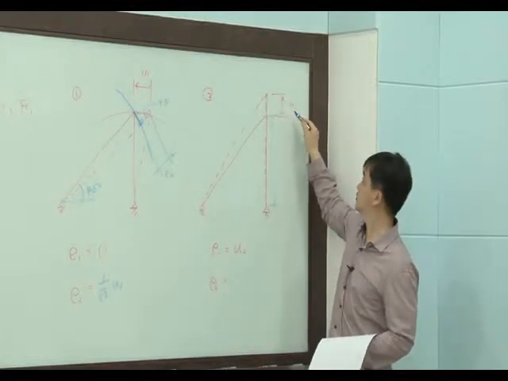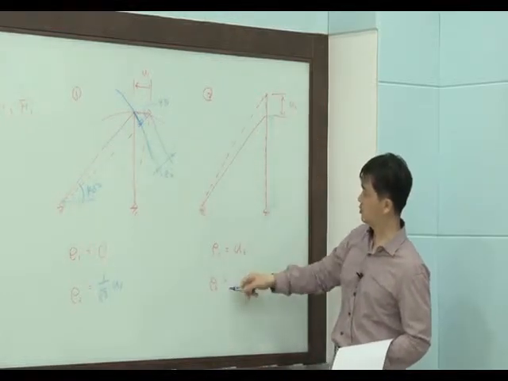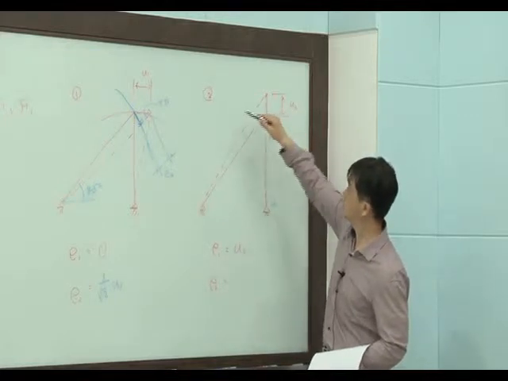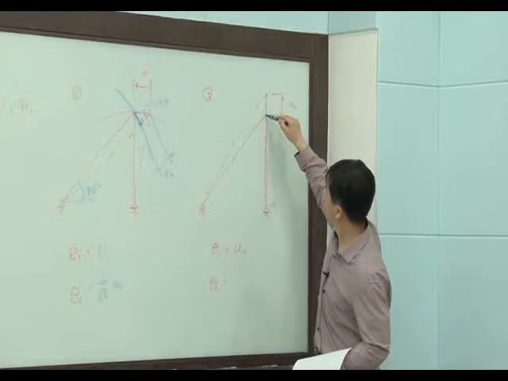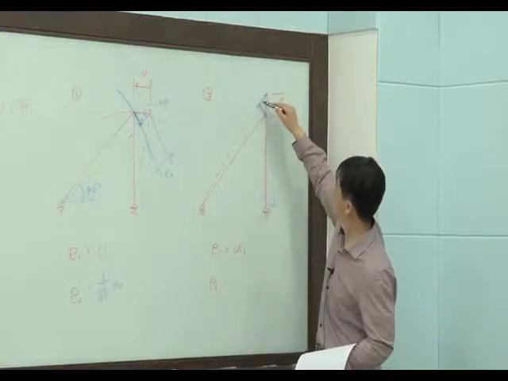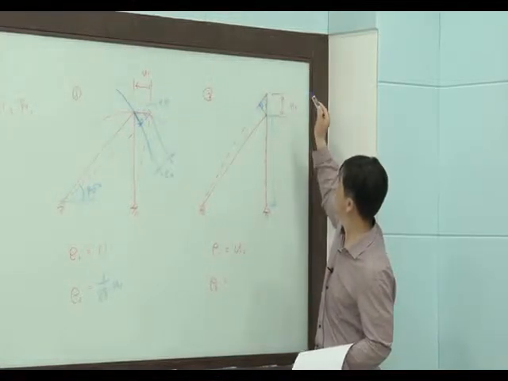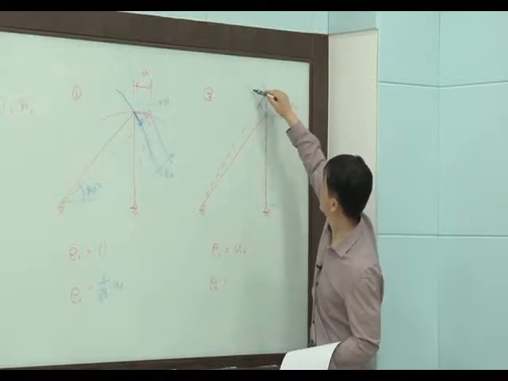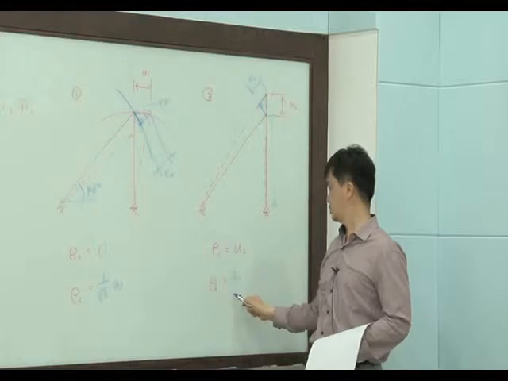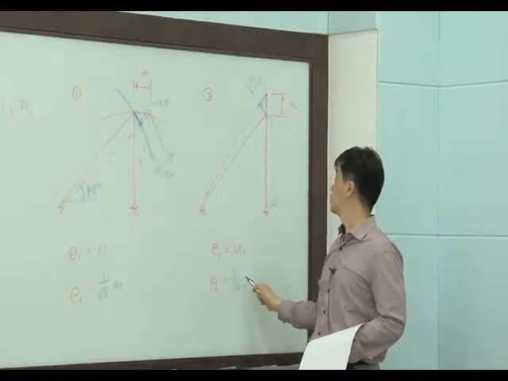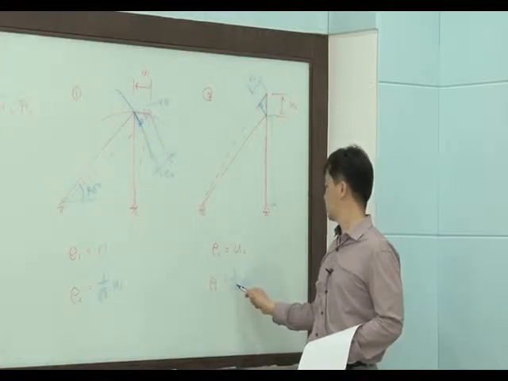It's exactly the same as U2. The stretch of E2 can also be similarly calculated. This point can move to here, so 45 degrees. So this is a stretch, E2. 1 over square root 2, U2. Right?